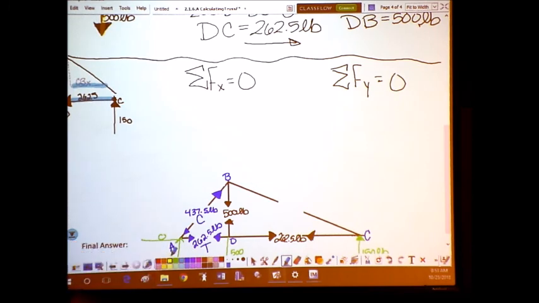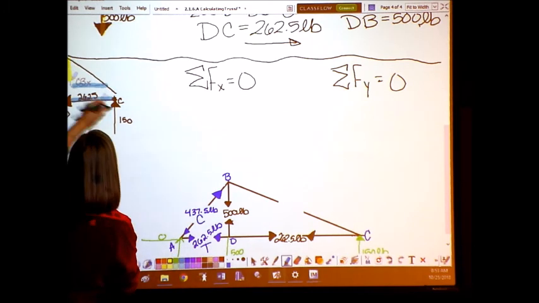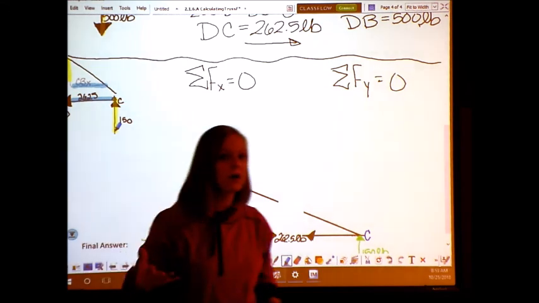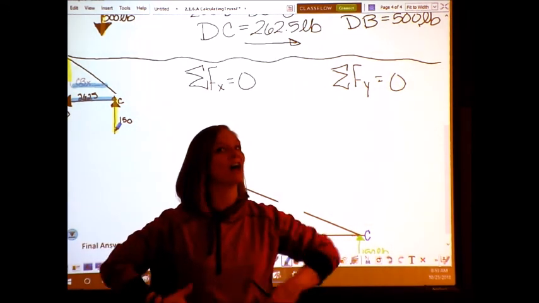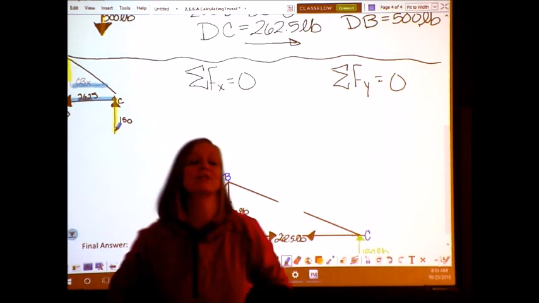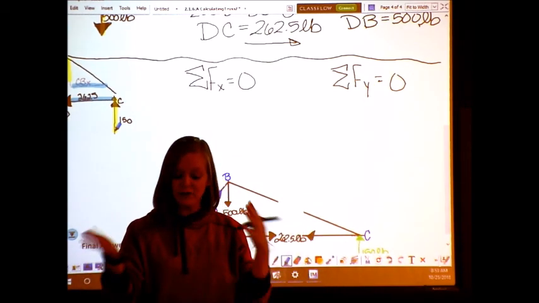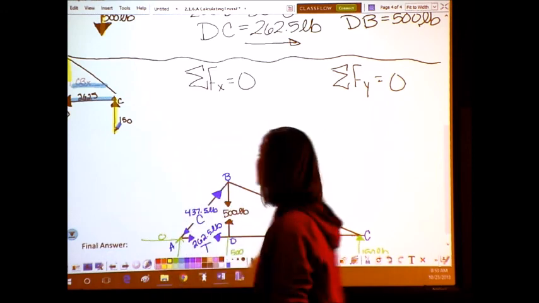How many vertical lines? 2. 1 here, 1 here. Are they both unknown, or do I know one of them? That's awesome, because I'm not going to have to do that whole sine, cosine, tangent thing at all. Thank goodness I only have 2 unknowns of each, and I know one of them.